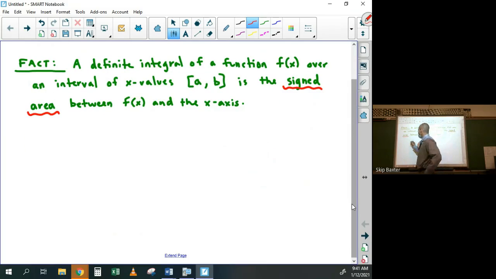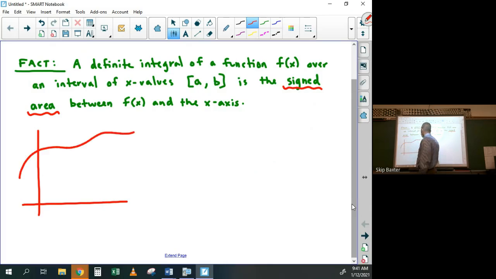So the picture would be like this: if I have a function that looks like this, whatever, f of x, and this is a, this is b.